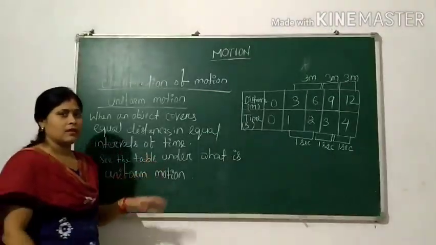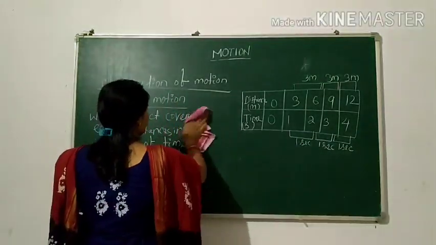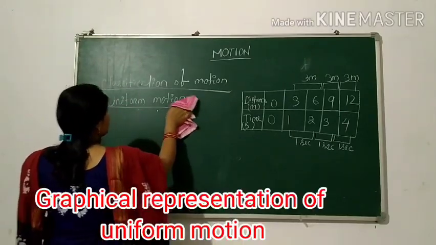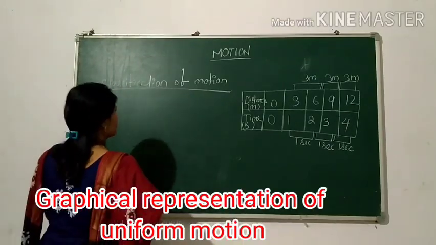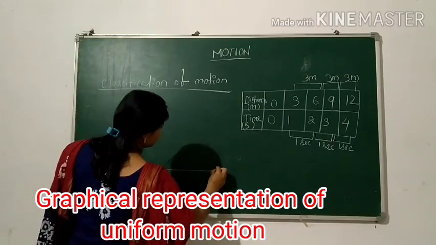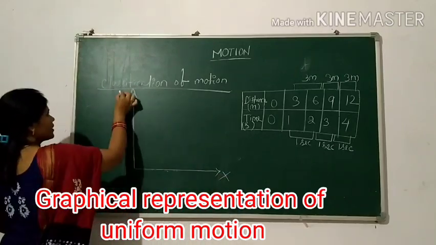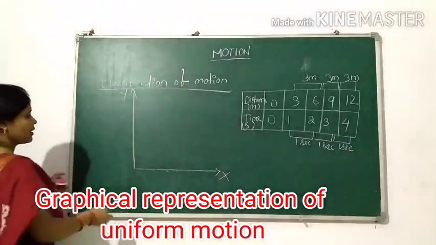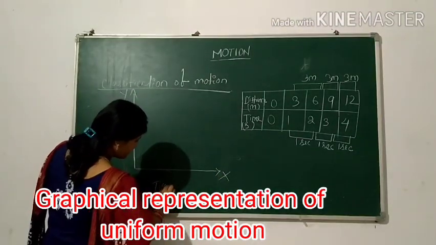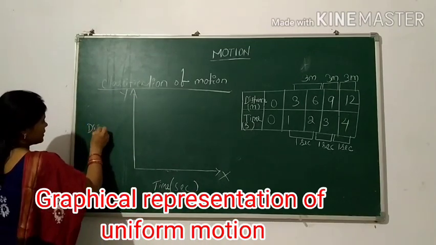Got it or not? So let me explain uniform motion graphically. As you know, this is your x coordinate and this is your y coordinate, and the x coordinate represents what? Time, and the y coordinate represents what?